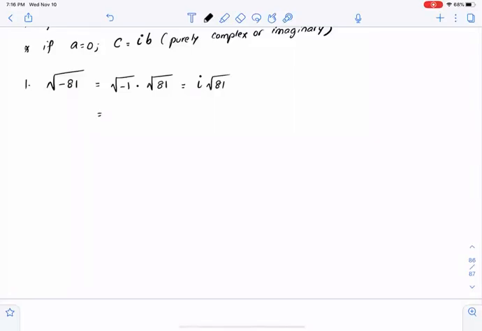The square root of 81 is 9, so the answer is 9i. The real part of the square root of negative 81 is 0. The reason being, I can write 9i as 0 plus i times 9. So the real part is 0 and the imaginary part is 9.